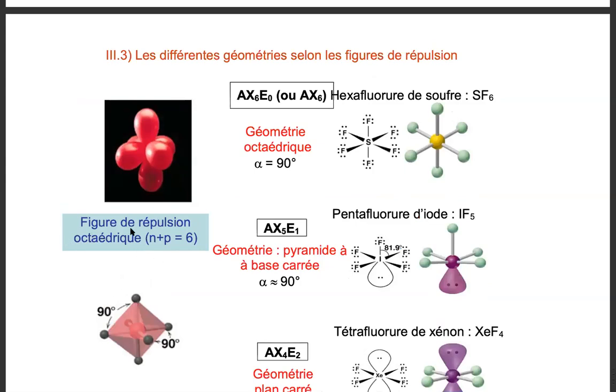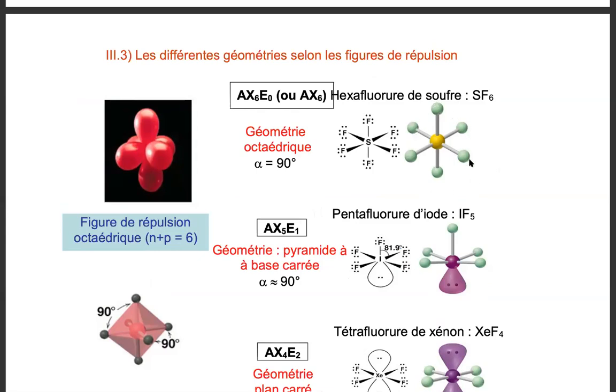Then we have figure de répulsion octaédrique. So we have sulfur. This is sulfur hexafluoride. So it forms how many? That's 6 adjacent fluorine atoms.